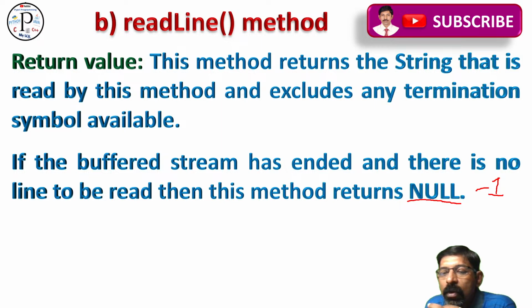It returns the value of type integer. readLine returns the value of type string. Look at this. How many differences we got? We are struggling for one difference, but we got a lot of differences. Very good. readLine, if the buffer stream has ended, then the method returns null. Yes, sir, it returns. Good.